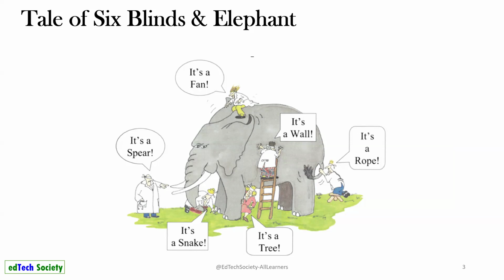As we all know, none of these blind people are able to see the elephant. That means they are not able to see the overall end-to-end system. But individual stakeholders, if we think of each of these blind people as a stakeholder, are explaining their particular business need or their viewpoint.